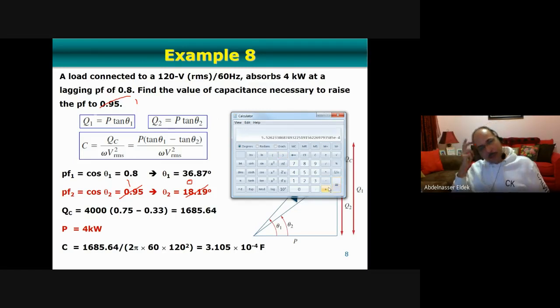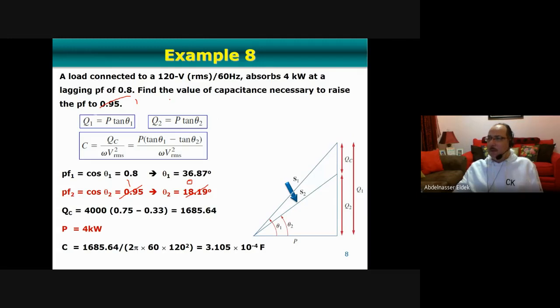So this is the capacitance. If you add this capacitor, 5.5 times 10 to the power of -4, you will eliminate theta altogether, so the load will be purely resistive, and I believe this will give you the maximum power.